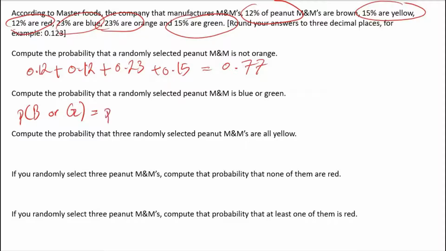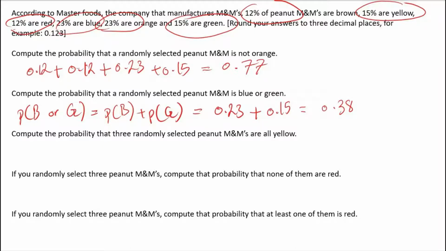So the probability here is the probability of blue plus the probability of green. That is equal to 0.23 or 23% plus 0.15 or 15%. The answer is going to be 0.38 or 38%.